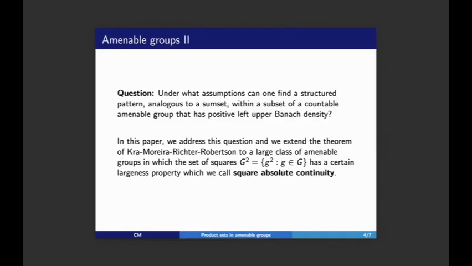In this paper, we address this question and we extend the theorem of Moreira, Richter and Robertson to all amenable groups which have the property that the set of squares has a certain largeness property which we call square absolute continuity. Here we do not give the definition of square absolute continuity because it is somewhat technical, but one should think of it as the set of squares in some sense having a positive density in the group.